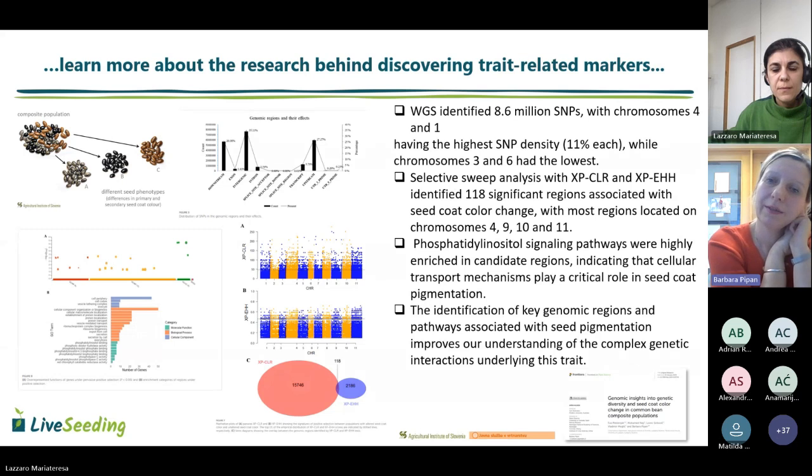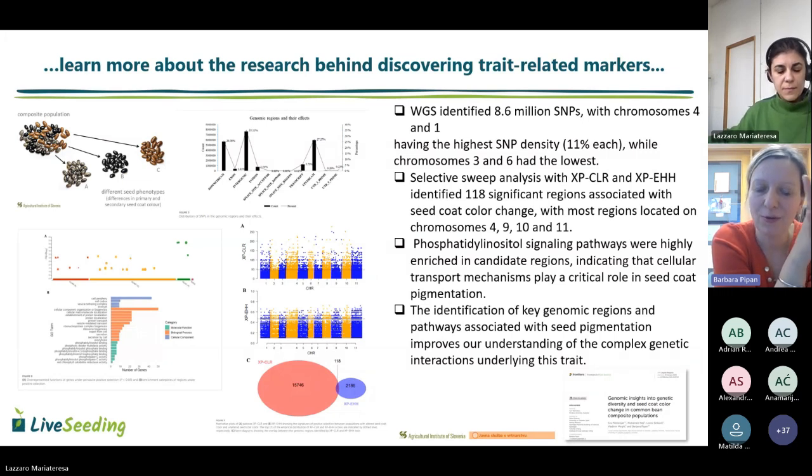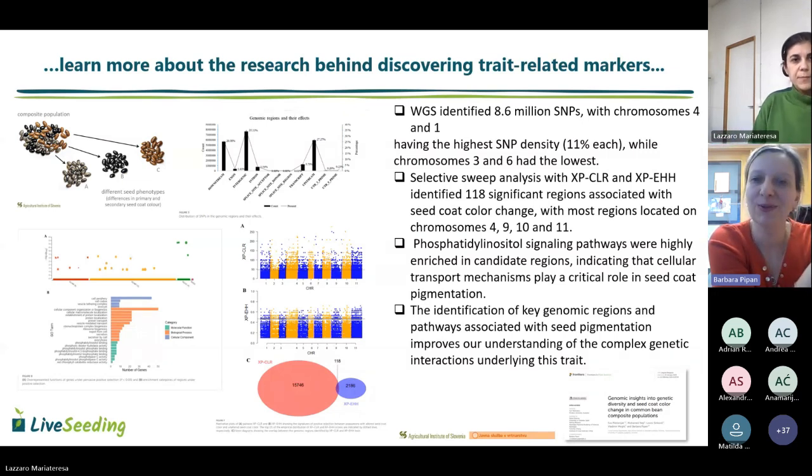In the previous session today, it was nicely explained what is actually behind discovering trait-related markers. Here I was talking about markers which were selected from the literature, where somebody already did the hard work to discover, identify, characterize, isolate and publish them.